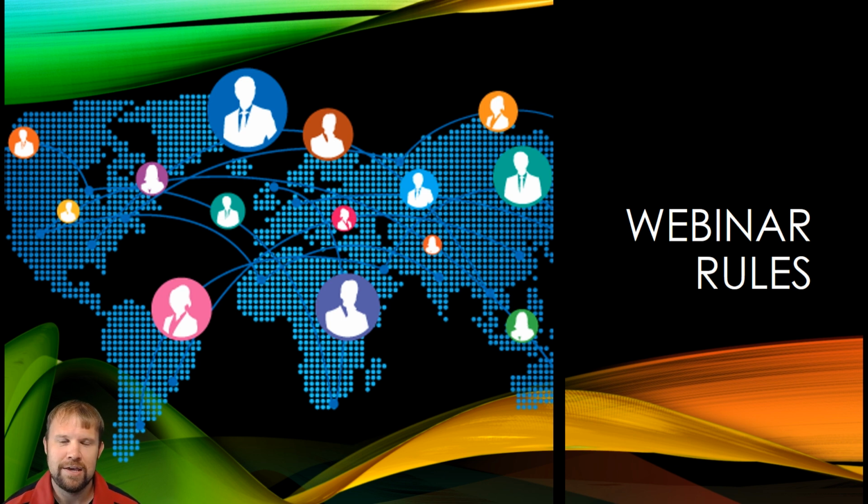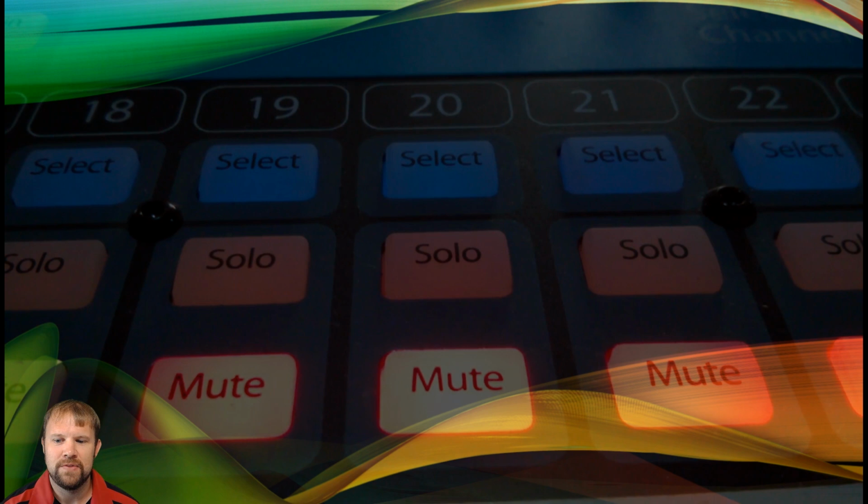A couple of things that I cannot emphasize enough. Know how to mute your audio. Period. I don't care what you're using to dial into the webinar, whether it's your cell phone, a headset, earbuds, or your computer microphone setup. It doesn't matter, folks.